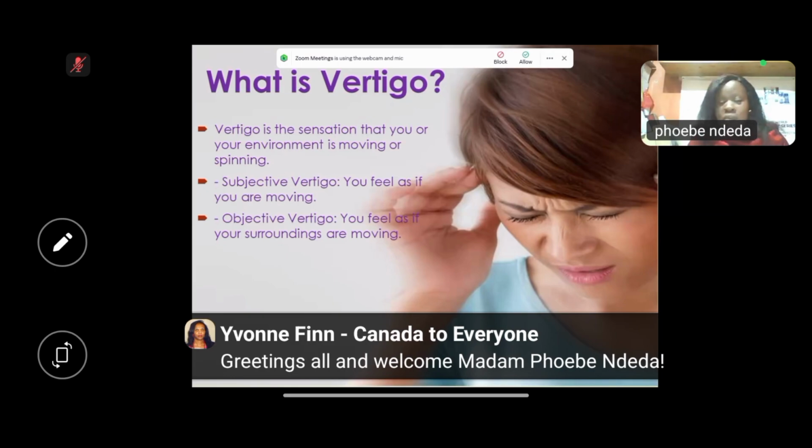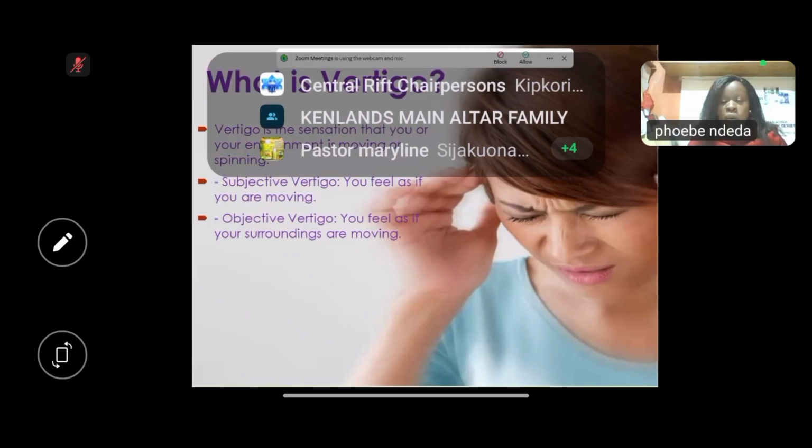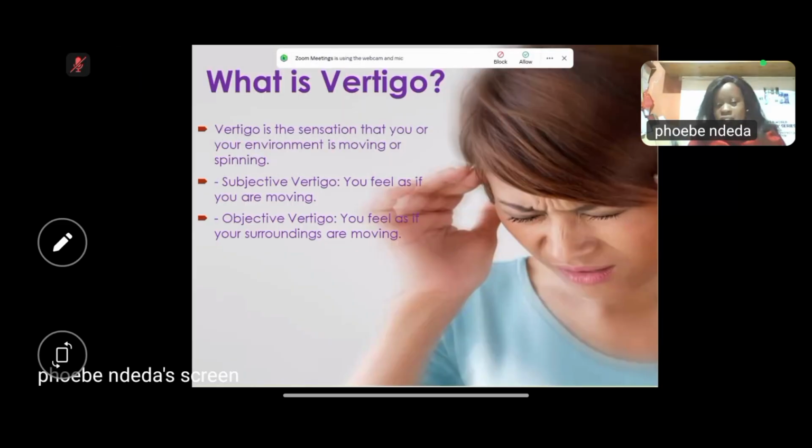Remember, there are so many, but the most common ones are two. One of them is subjective vertigo, where you feel as if you yourself are moving. The other one is called objective vertigo, where you feel as if your entire surroundings are moving and every other thing is moving so fast. So that is how we can describe this condition, a sensation that you or your environment is moving.